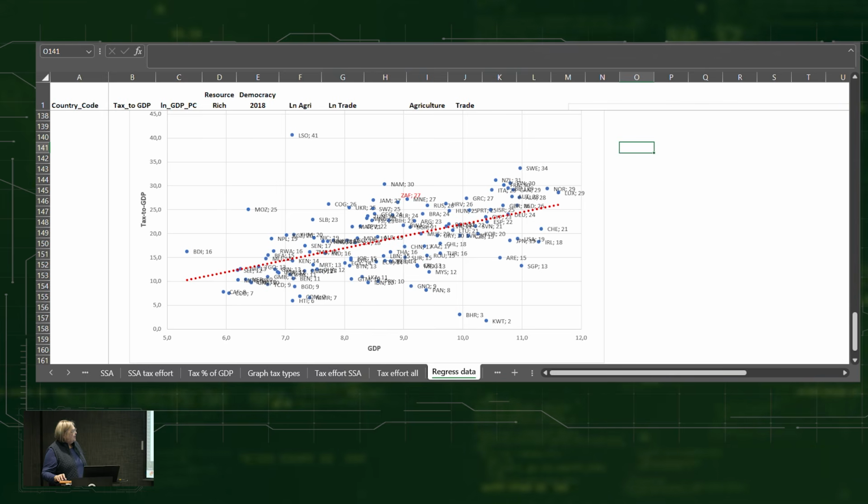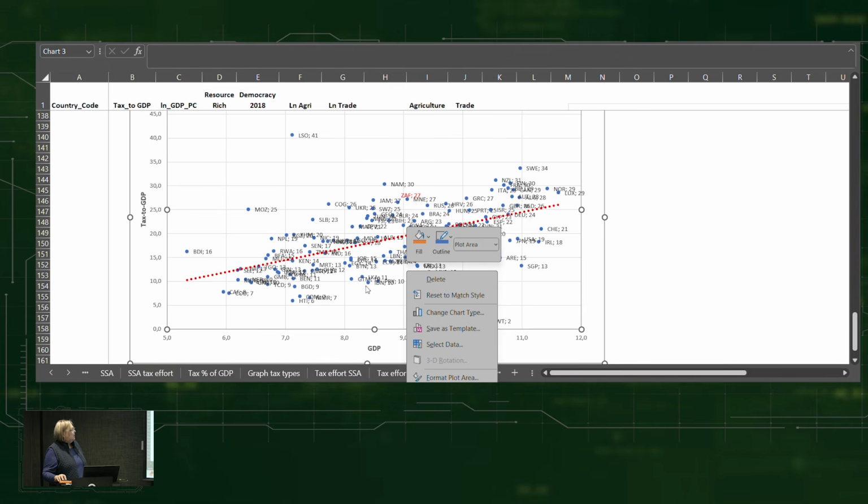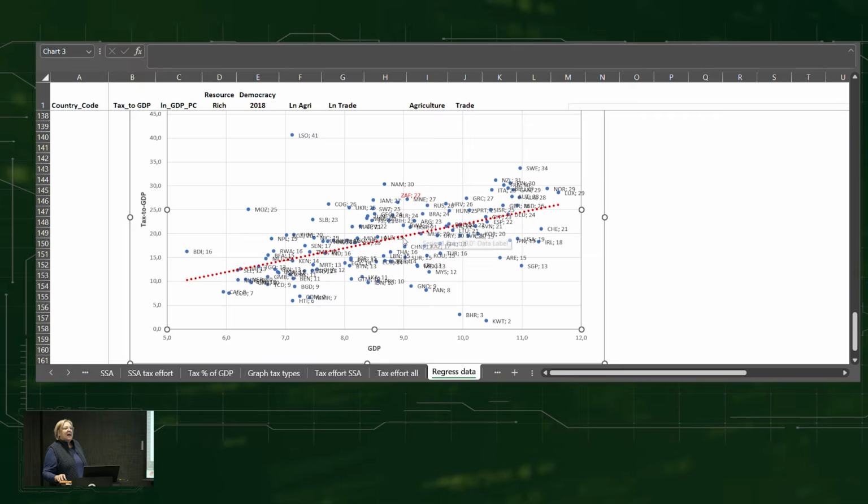So what you can do is, for a given log GDP, select your country, then see what the countries around you are, what their tax to GDP ratios are, those above the mean and those below the mean. And then you go and look at the data: what are their variables, what do they collect from their taxes and from which taxes, so what is their tax policy.